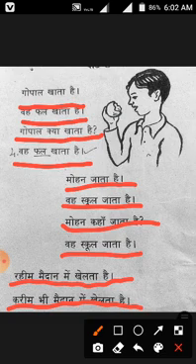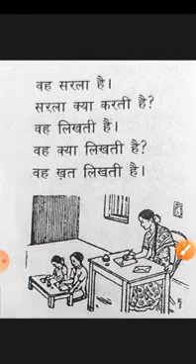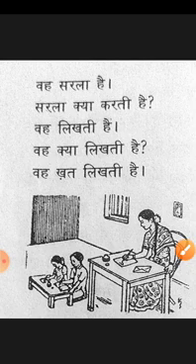Karim is a boy, singular. Gopal, Mohan, Rahim, Karim, these persons are all singular, one person. When the person is singular and male, you should add ता है: जाता है, खेलता है, खाता है. When the person is female singular, that means a girl, you should add ती है with the verb.